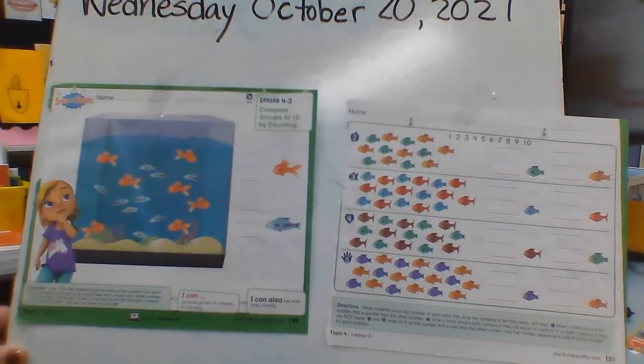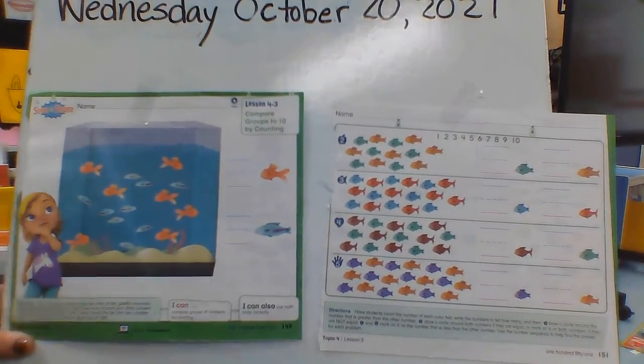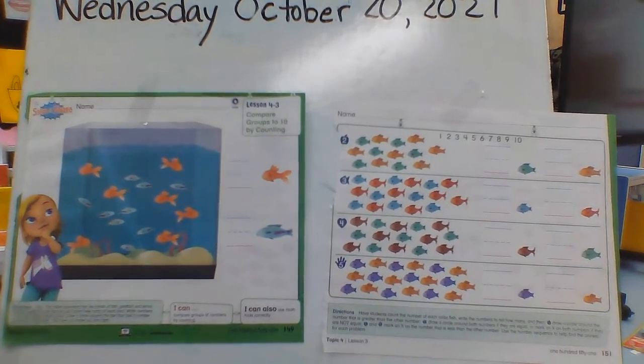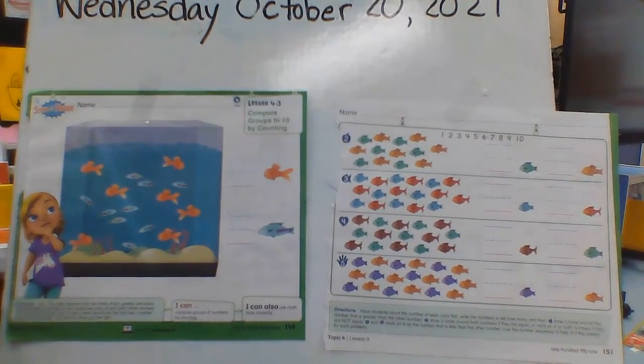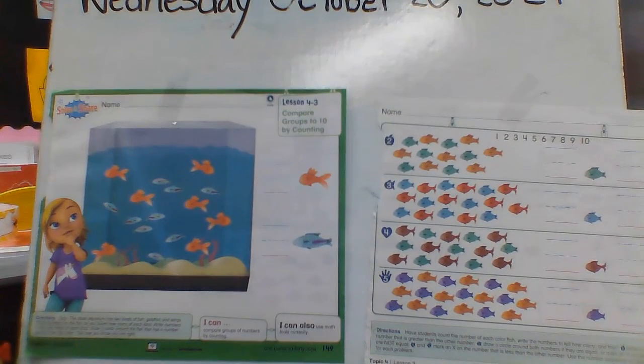So what we are going to do is compare groups to 10 by counting. That's what we're going to do today. We are just going to simply count. We are not going to match or pair them up. We're just going to count. Okay, so let's take a look.